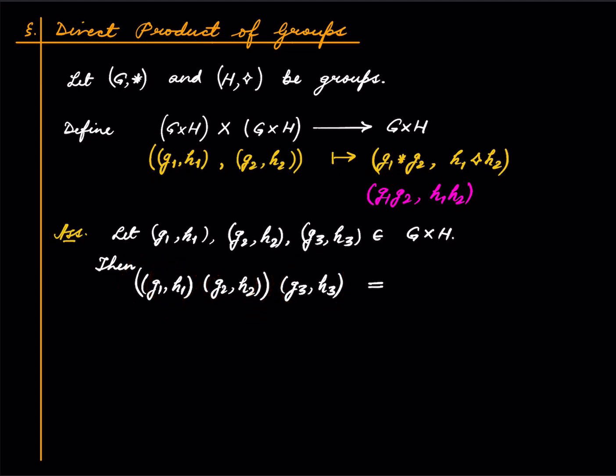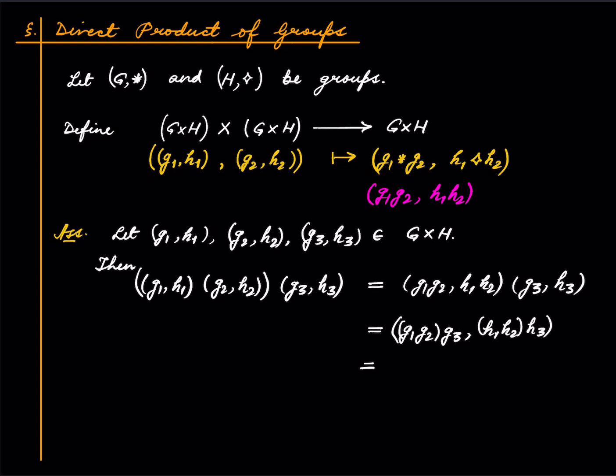So this is by definition equal to (G1G2, H1H2), which is multiplied with (G3, H3). Again, when I say multiply, I mean the group operation. Don't think of the multiplication of real numbers. I've said this so many times that you might be getting bored of it. Anyway, this again is by definition ((G1G2)G3, (H1H2)H3).